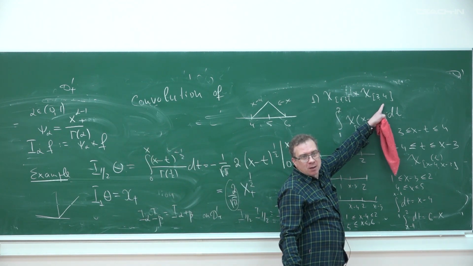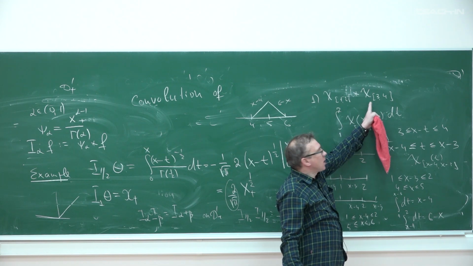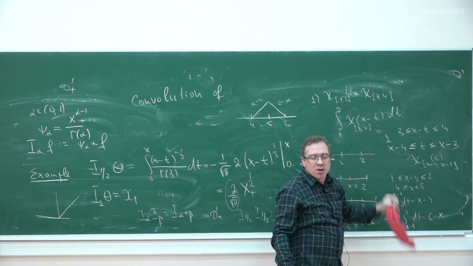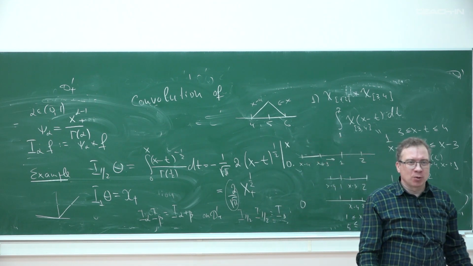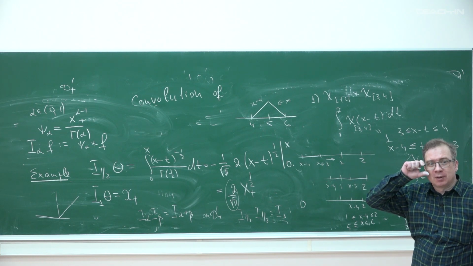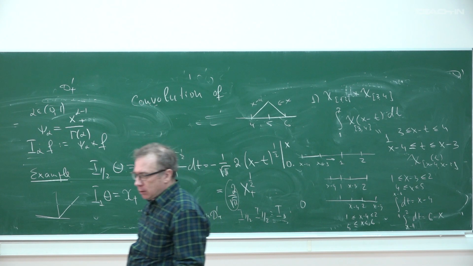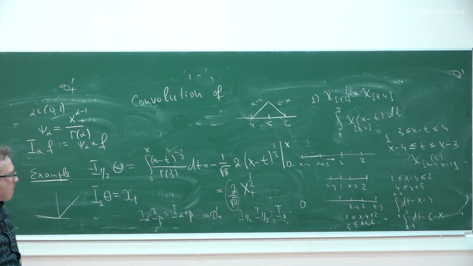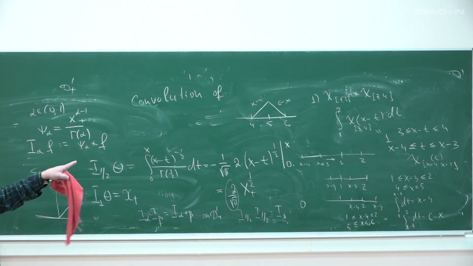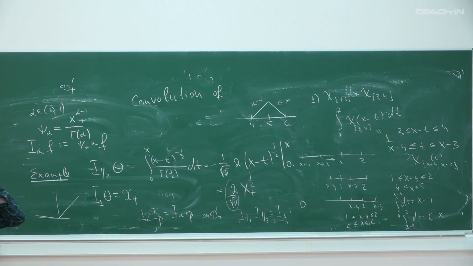The smallest sum is 1 plus 3, which is 4, and the largest is 6. The support lies on the interval from 4 to 6, and you can see that it really lies in this interval. You obtain that the convolution is not only in L1, it is a continuous function.